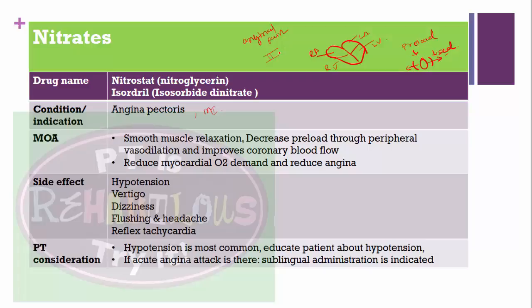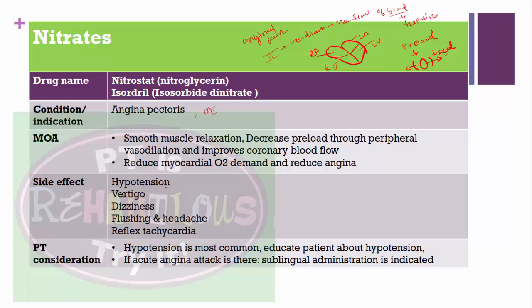If there is vascular smooth muscle relaxation with the help of nitroglycerin, it will relax your smooth muscle and vasodilatation is there, so there will be increased flow of blood and there won't be any stretching problem for your ventricle, so that is decreased and that will decrease your pain. So these are the mechanisms of action for nitrate.